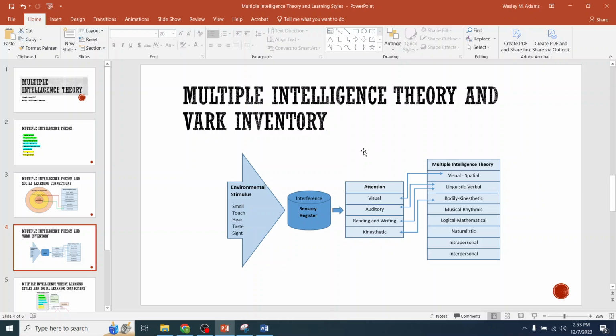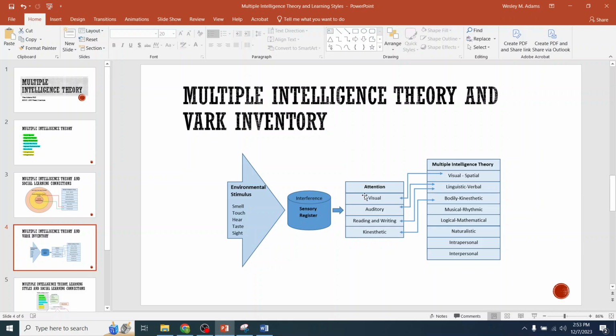Once you get the concepts of interpersonal communication, intrapersonal communication, naturalistic learning, now let's think of the larger, more broad topics. I had y'all do an assessment at the beginning of the semester called the VARK inventory: visual, auditory, reading and writing, and kinesthetic. So they're lumping reading and writing together.